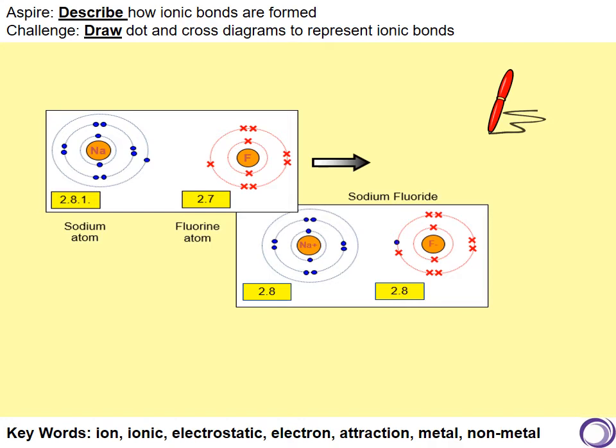The bond then will be between the positively charged sodium and the negatively charged fluoride ion. In both cases, the ions have 8 electrons in their outer shell. If you need to correct your work, pause the video and use a red pen.